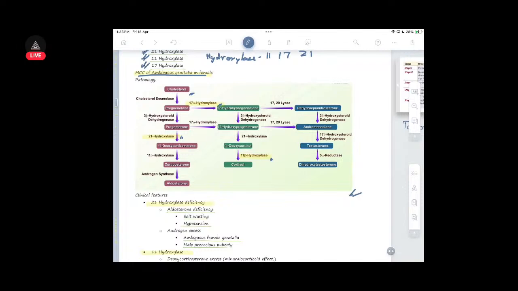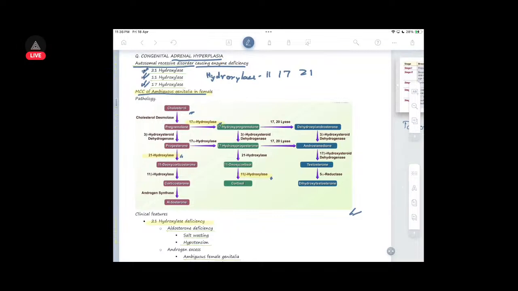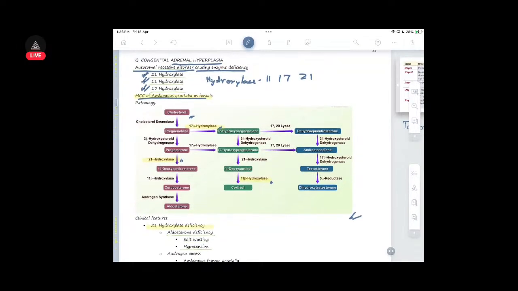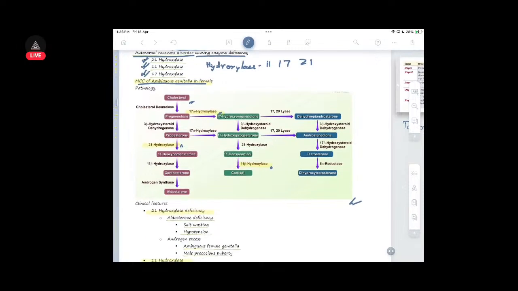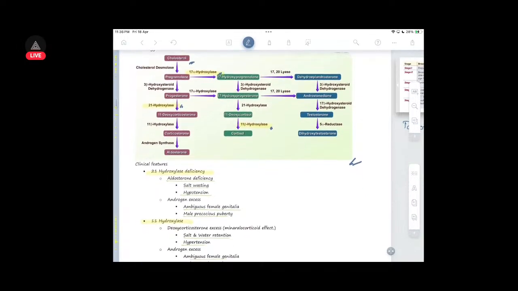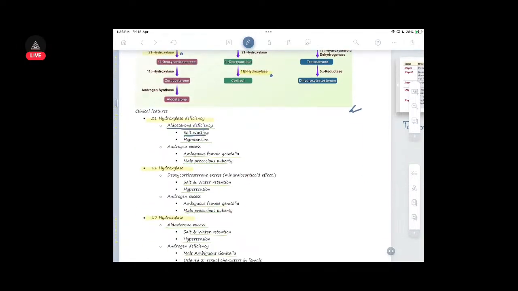Progesterone to deoxycorticosterone and aldosterone will be produced by 21-hydroxylase. If there is a deficiency of them, it will lead to decreased production. Salt wasting and hypotension will be there, and androgen excess may be there, which will lead to ambiguous female genitalia and male precocious puberty.